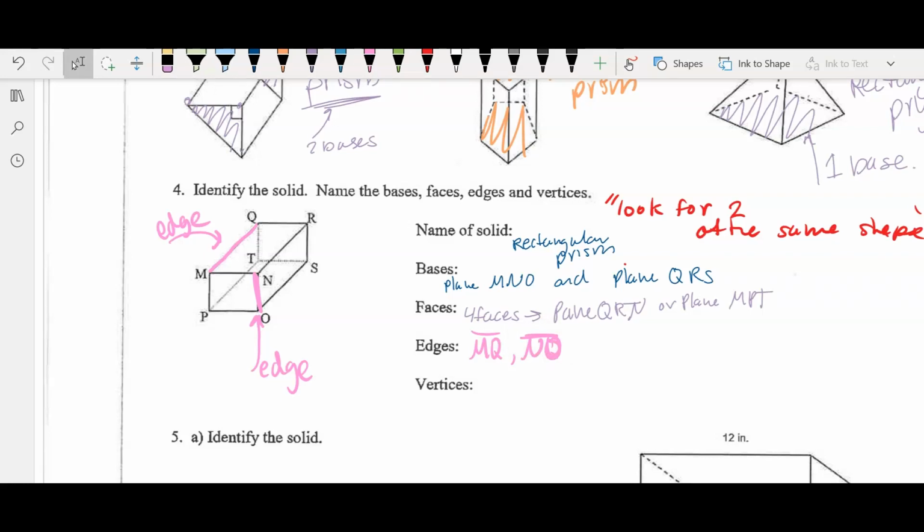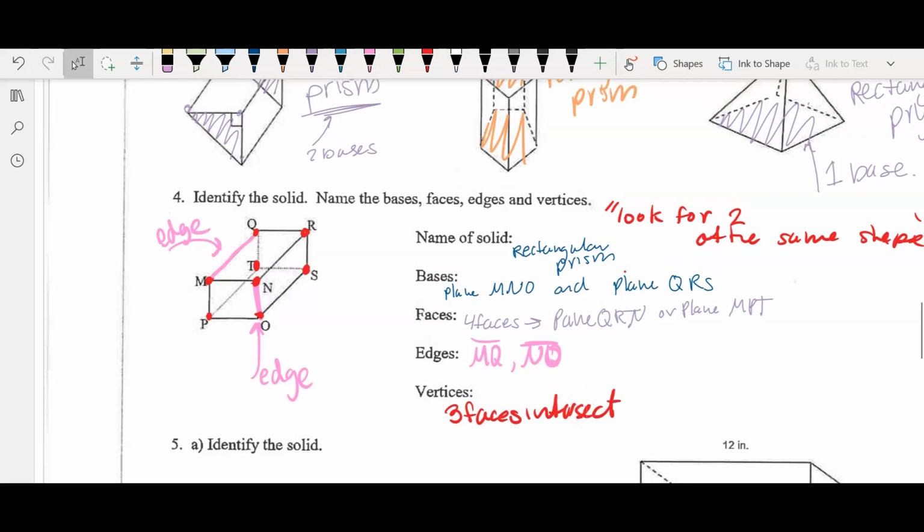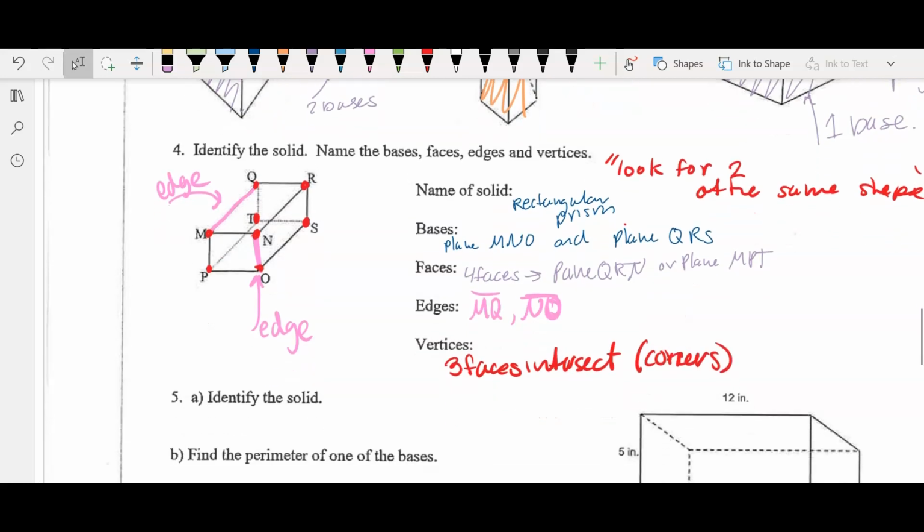A vertex is literally the corners, these little corners. These are all vertices where you're going to have three planes intersect. I should say three faces. Be more specific: three faces intersect. So think of them as corners.